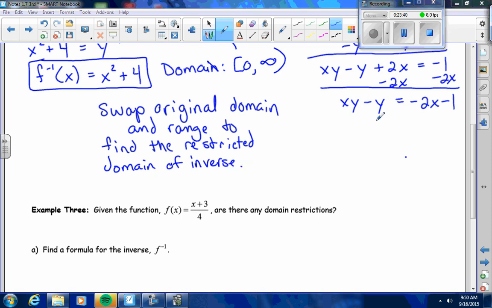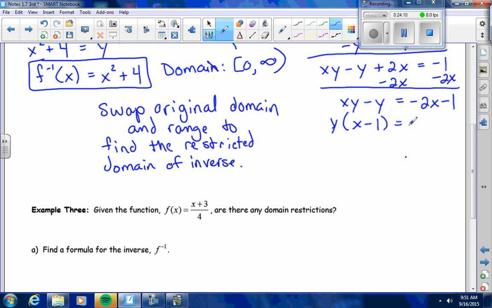Okay, so here's where we're at. Look at this side with the y's. I now have two terms, and they both have y in common. So that is their greatest common factor, which then means we have to factor it out. I have to factor the y out of both of those terms. So when I factor the y out of the first term, what am I left with? When I factor it out of the second term, what am I left with?